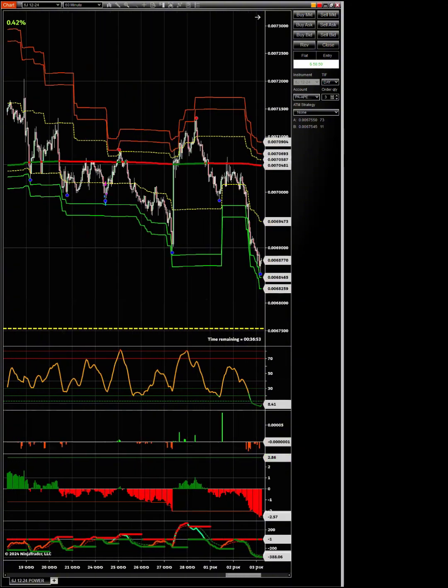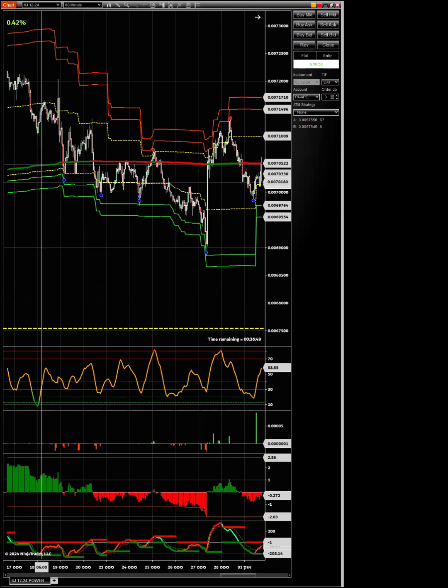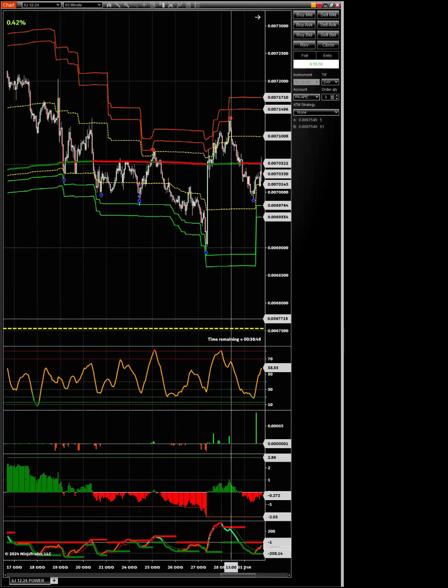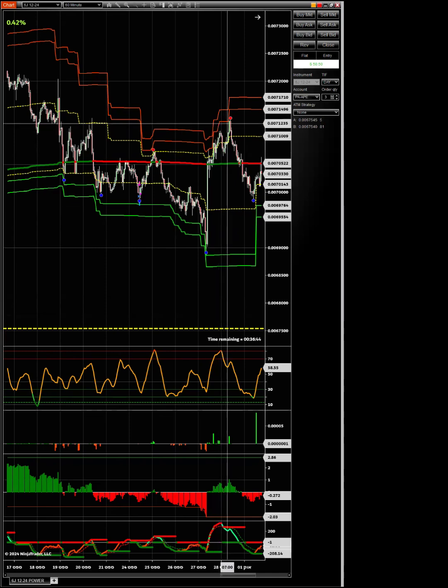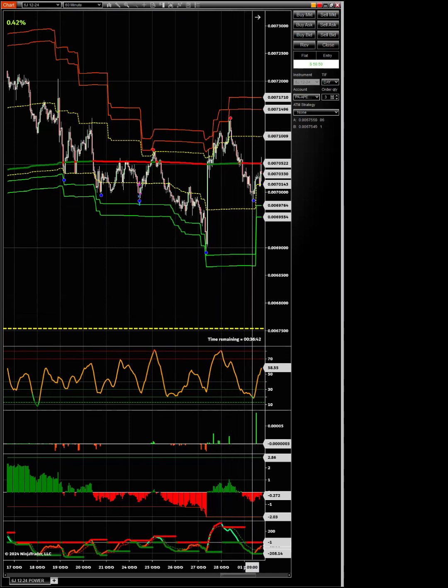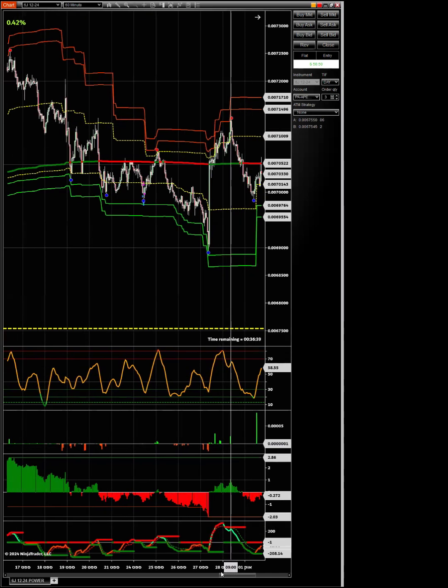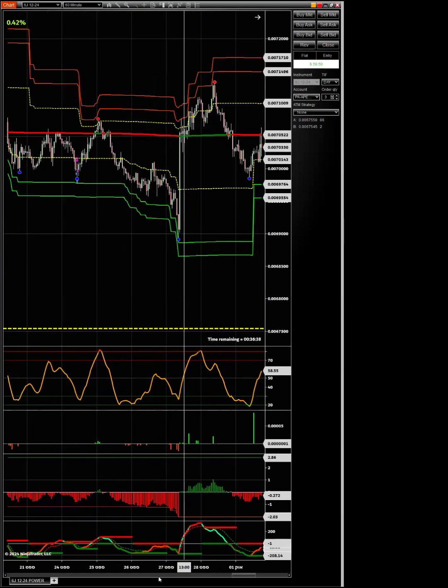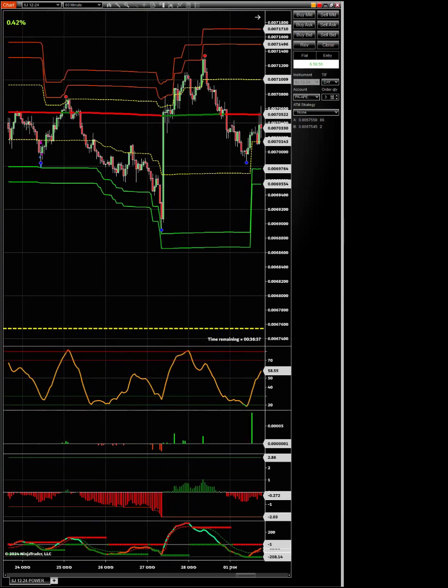You see here, touching the lower band and going up. Here you see the upper band and it goes down. So usually when the price touches one of the bands, the green or the red gives us the signal for buy or for sell, correct? Yes, exactly.